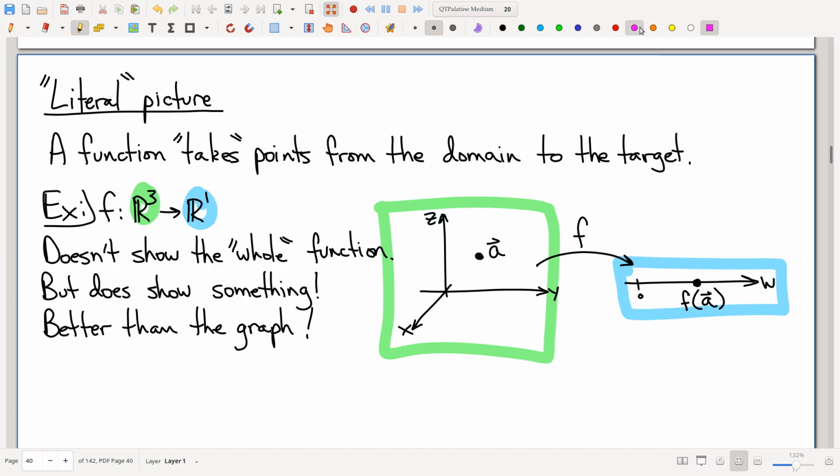And then the rule of assignment, this process of taking points out of the green space and plopping images down into the blue space, I'm just going to represent like so. So for example, this point that I have labeled as A, its output maybe is that point F of A. So there is a kind of a picture.